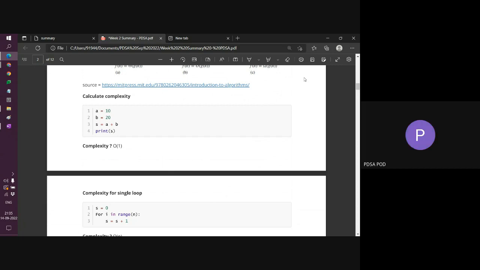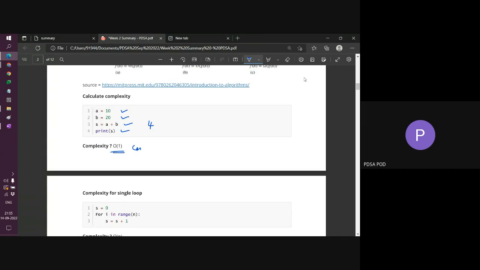Okay, so now we look at some simple complexity examples. So here, in this case, this is an assignment statement which just takes one step, another step, another step, another step. So this is just 4. Whatever takes any constant amount of time, which is not dependent on the size of the input, we represent it using this.